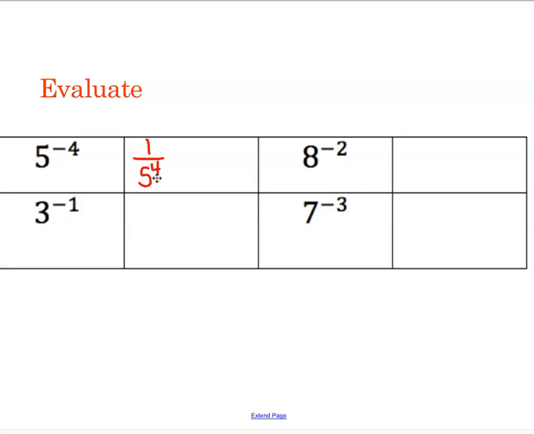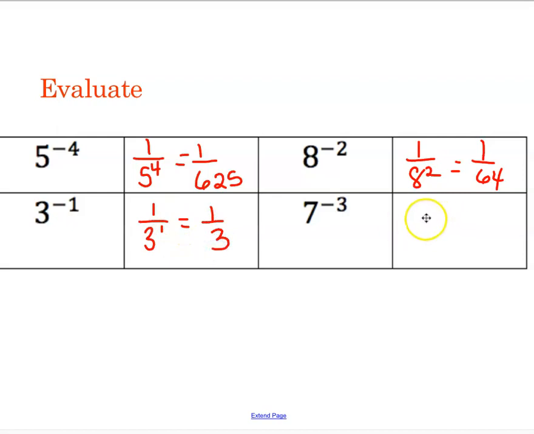So this would be 1 over 5 to the fourth, or 1 over 625. 8 to the negative second, it becomes 1 over 8 to the second if I write it with a positive exponent, or 1/64. 3 to the negative first, it becomes 1 over 3 to the first, or 1/3. 7 to the negative third becomes 1 over 7 to the third, and 7 to the third is 343, so 1 over 343.